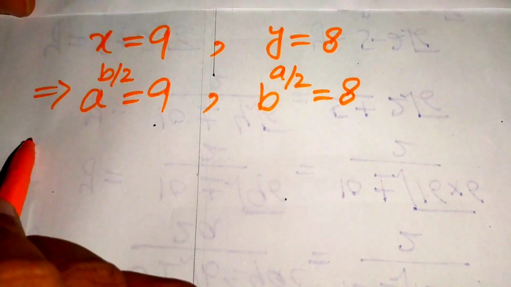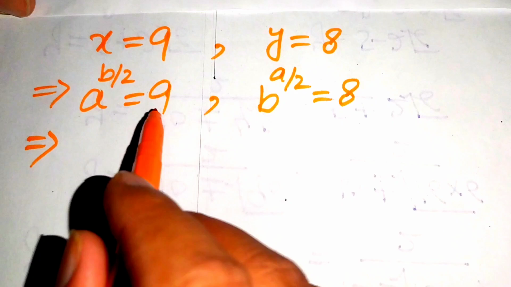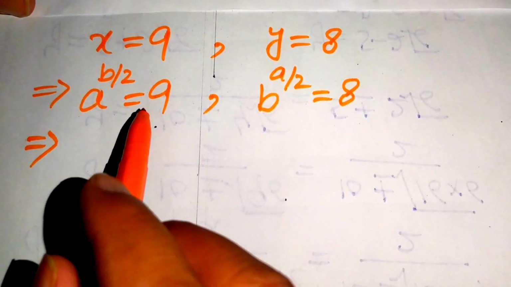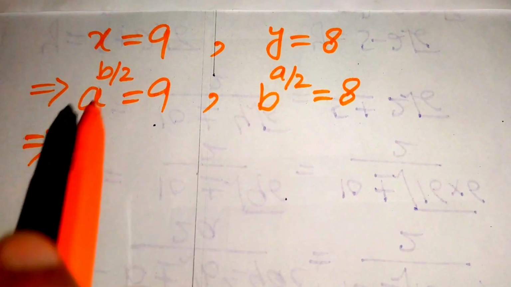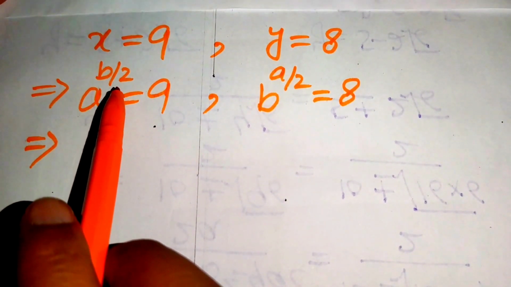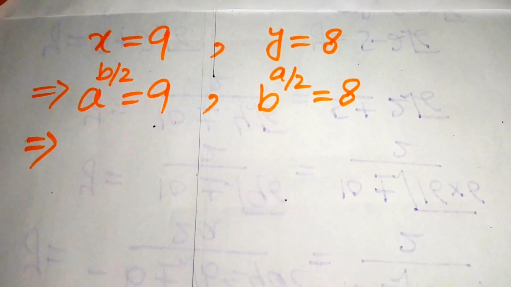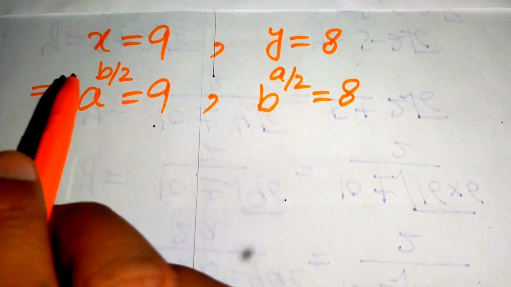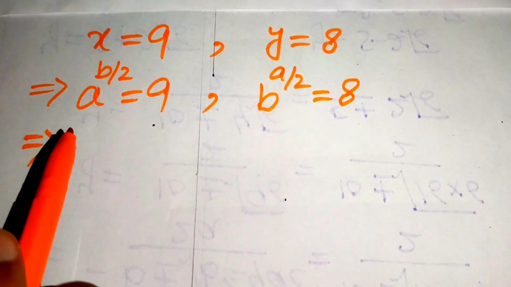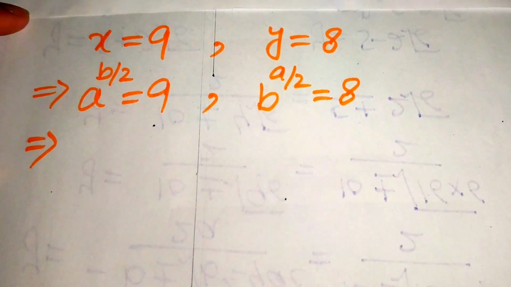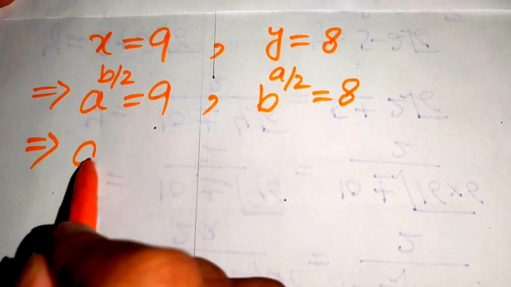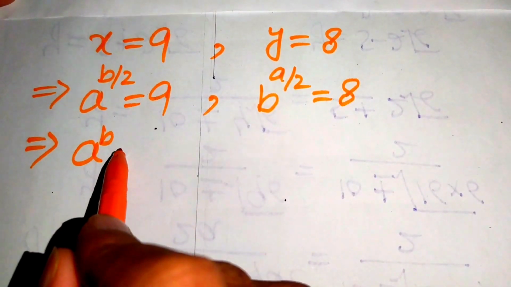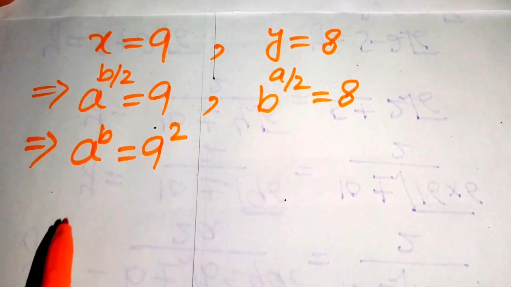So now in the next step, we make the factors of 9. First we remove this 2, and in order to remove this 2 we need to take the square on both of the sides, so that it becomes a to the power of b equals 9 squared.